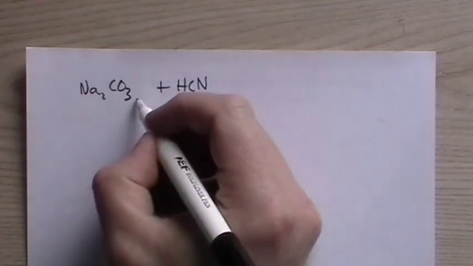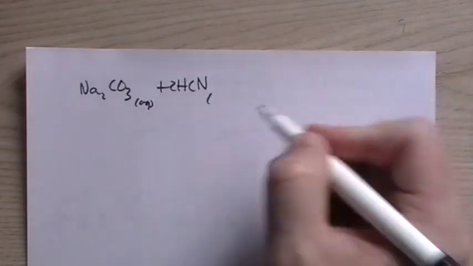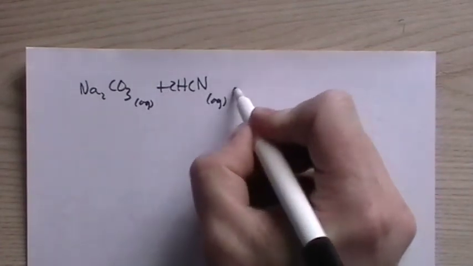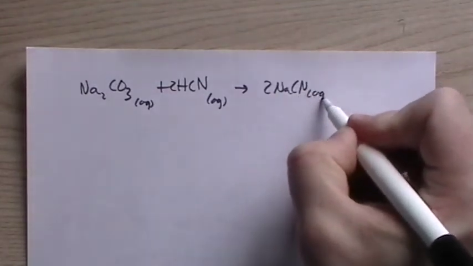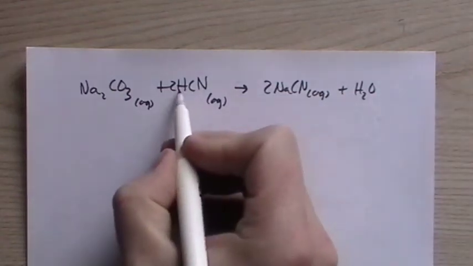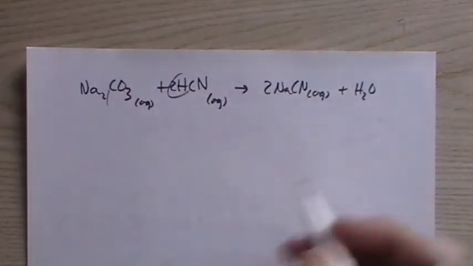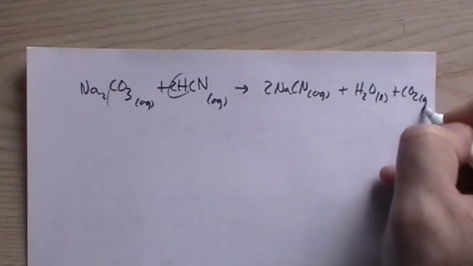Since this is a weak acid, just to show you what I'm talking about here, it's going to be 2, and then this is aqueous, and this is going to break up into 2NaCN aqueous, and I'm just going to go straight to it. It's two H pluses and the CO3 2 minus can produce water and CO2 gas.